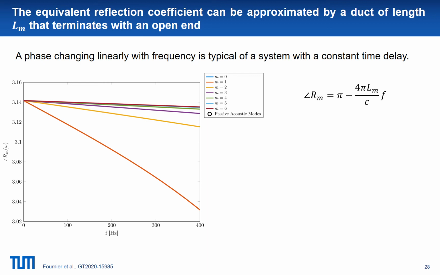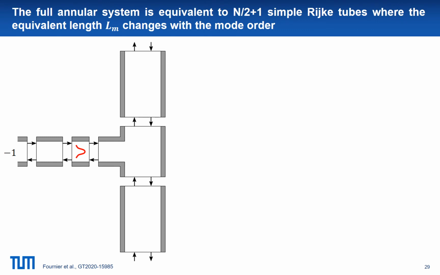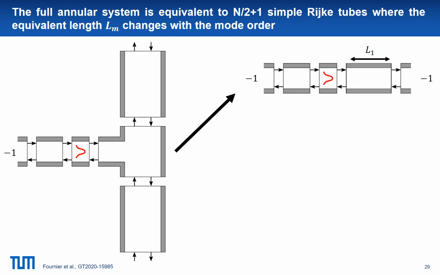Knowing the phase and the gain being 1, we can write that the reflection coefficient is minus exponential of minus i k Lm, which means that the equivalent reflection coefficient can be replaced by a duct of length Lm that terminates with an open end. Therefore, our initial annular network model is now reduced to n over 2 plus 1 Rijke tubes.